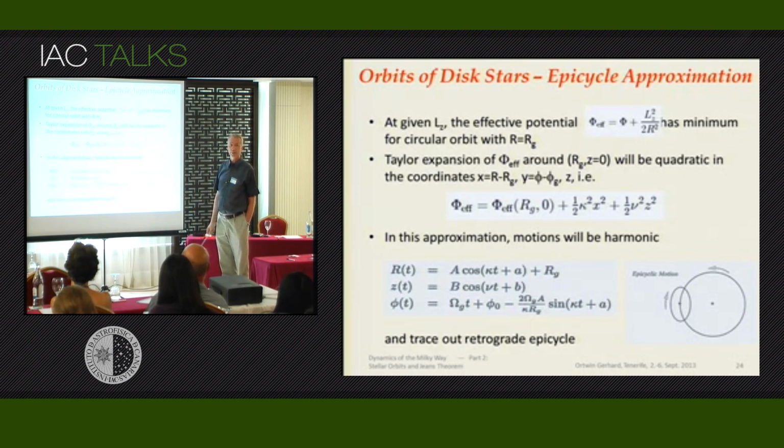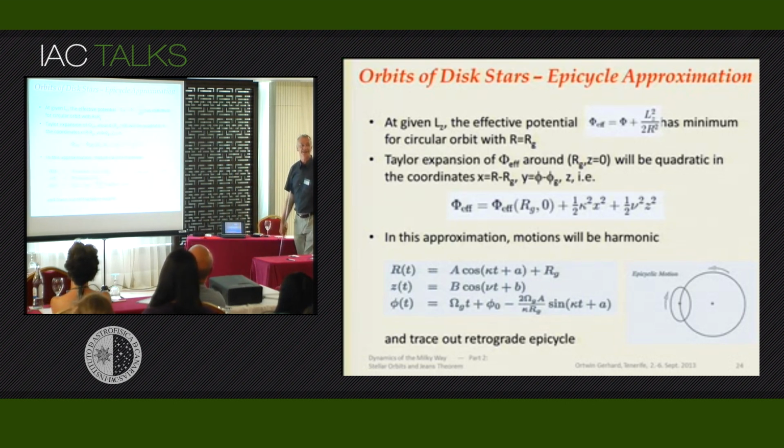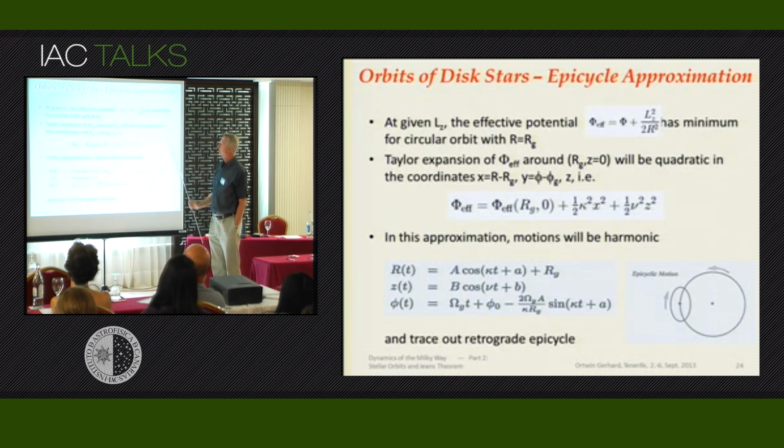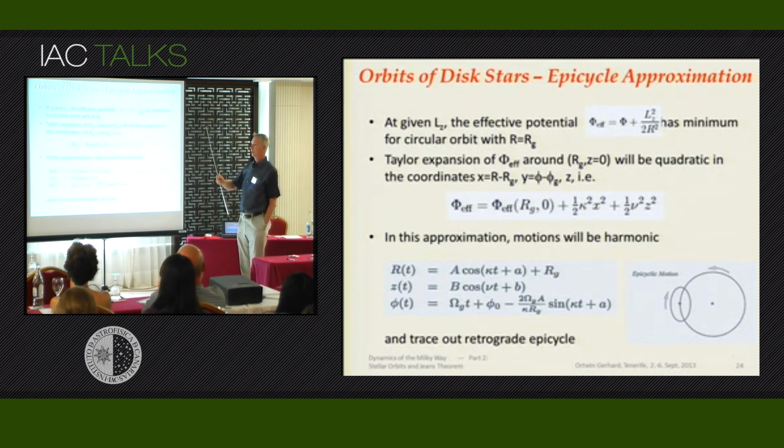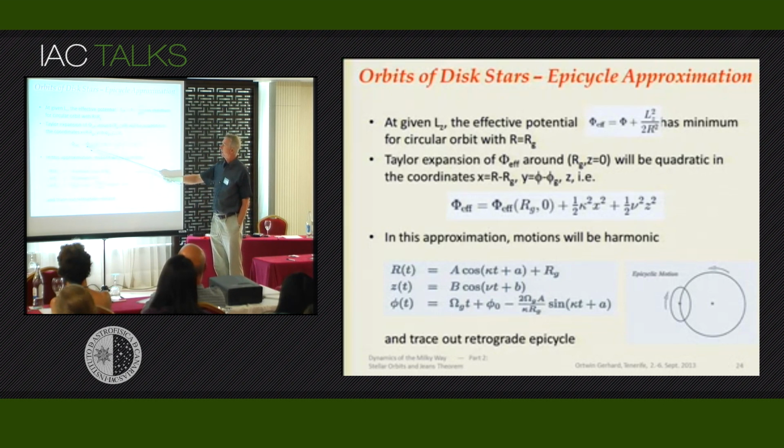So again, you write the potential as this effective potential phi plus L squared over 2r squared, and that has a minimum when you have a circular orbit at r equals what's called the guiding center radius, or Ken was using the word home radius, I think, for this orbit. And so then if you consider a circular orbit in the plane of the disk, and then you Taylor expand your effective potential around this guiding center, then it'll be quadratic, because the potential has this characteristic form.